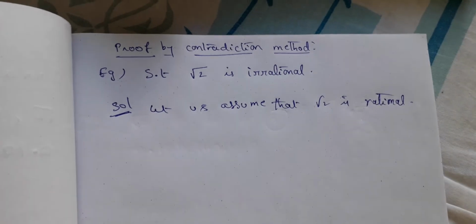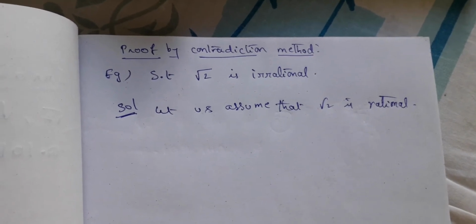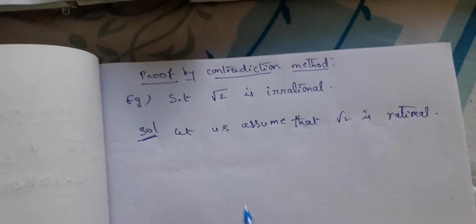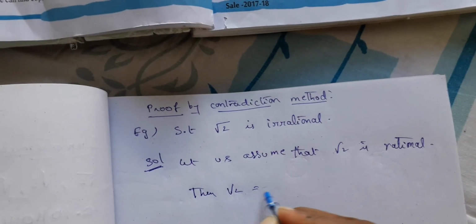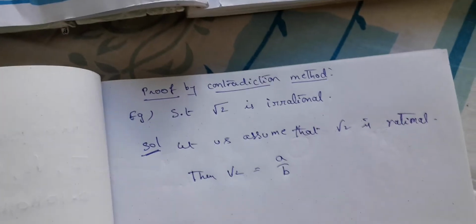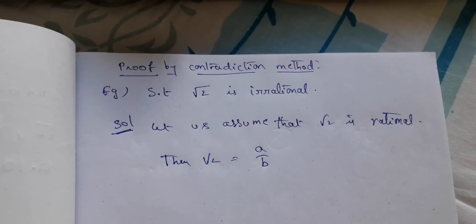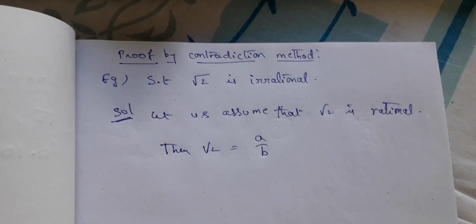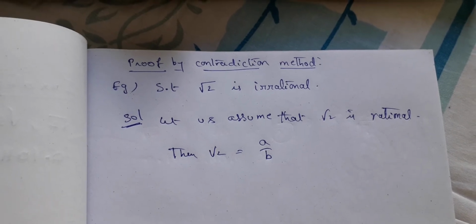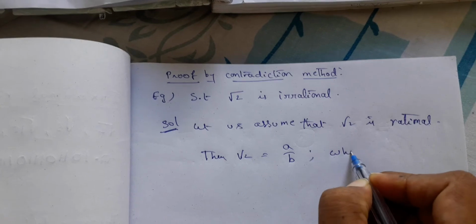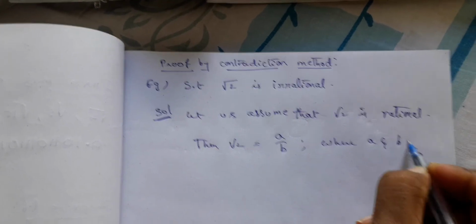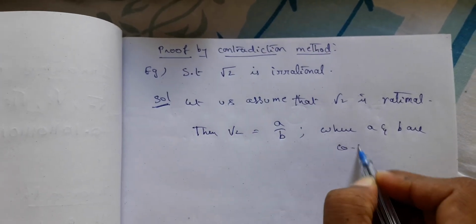Now since we have assumed root 2 as a rational number, root 2 should be expressed as root 2 is equal to a by b. Because any rational number should be expressed in the form p by q, where p and q are co-primes. So here a and b are co-primes.